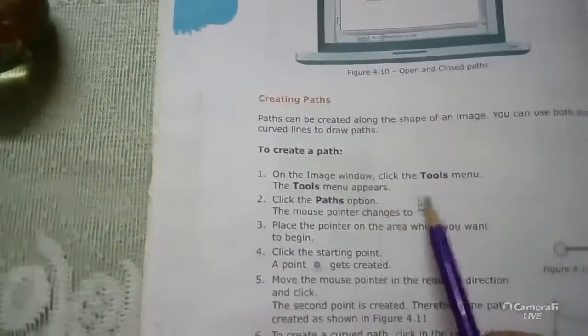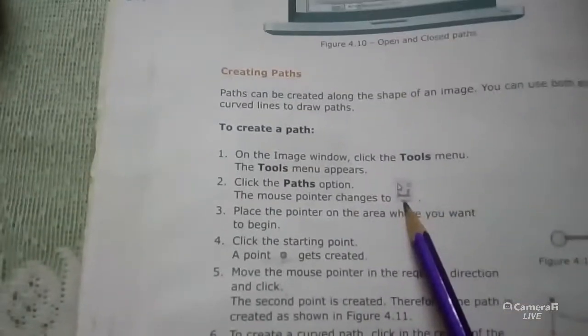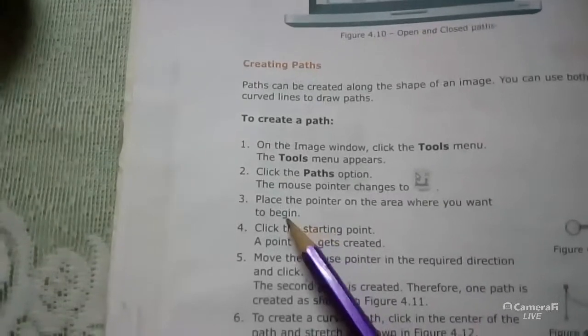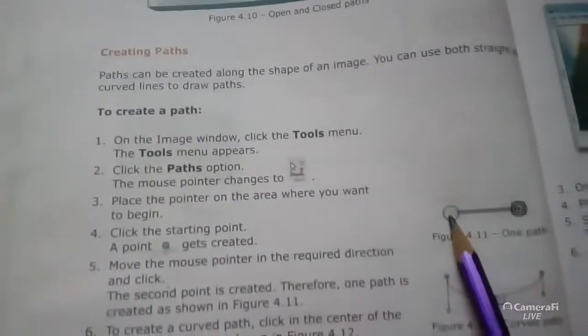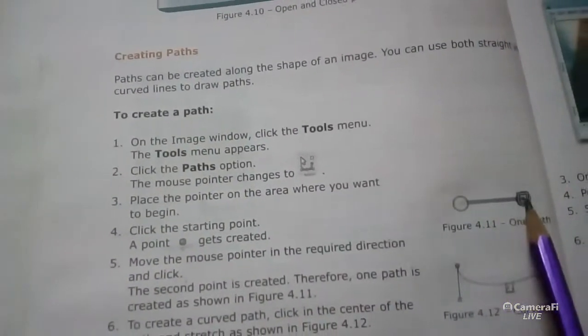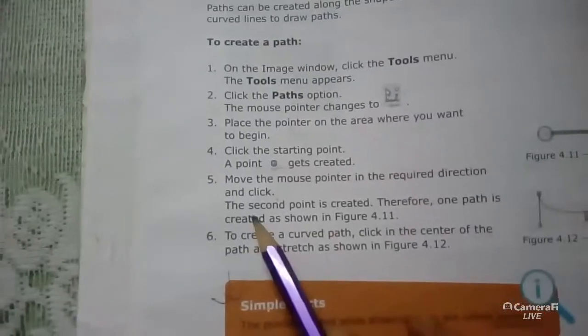How to create? You have to select the tools menu, then path, the cursor changes in this form, and you have to point the cursor where you want to start. Suppose here you click and drag and end here. Then move the mouse pointer in the required direction.